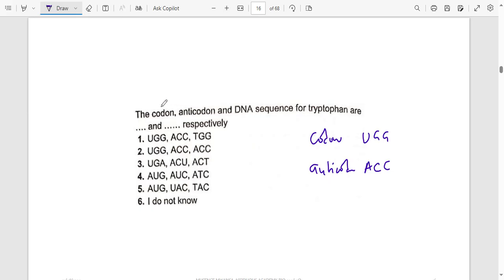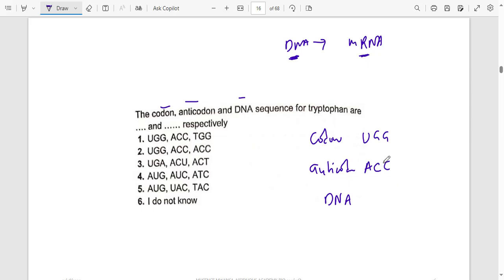So here we want the codon, anticodon, and DNA sequence. What will be the DNA sequence? Now remember, DNA is converted to mRNA, and the codon is found on mRNA. So it should be complementary with the DNA.